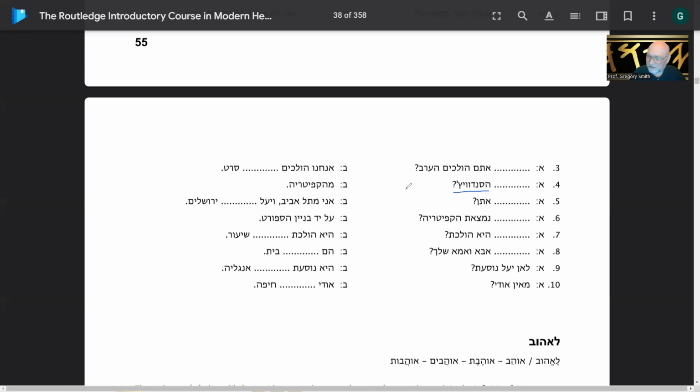It's almost like a transliteration, but in Hebrew, a sandwich that you eat is hasandvich. Isn't that something? Hasandvits. So it's like a TS sound, like a tsadik sofit at the end there. But I think it's more like hasandvich, because it's got that little mark there, kind of like that.